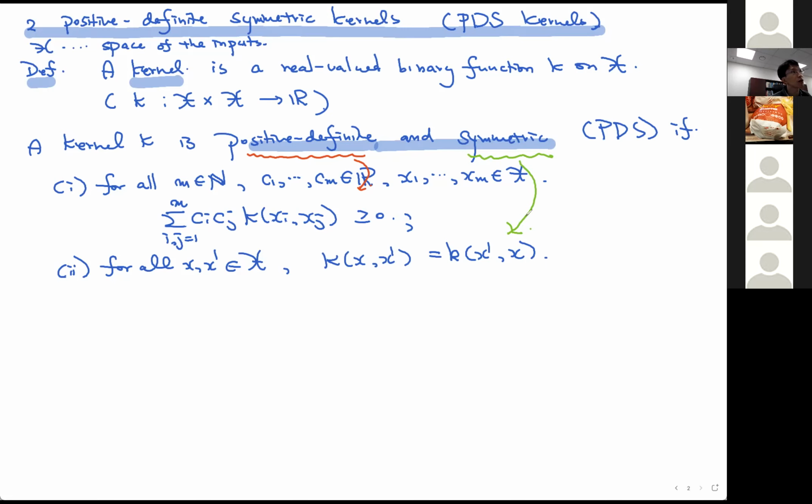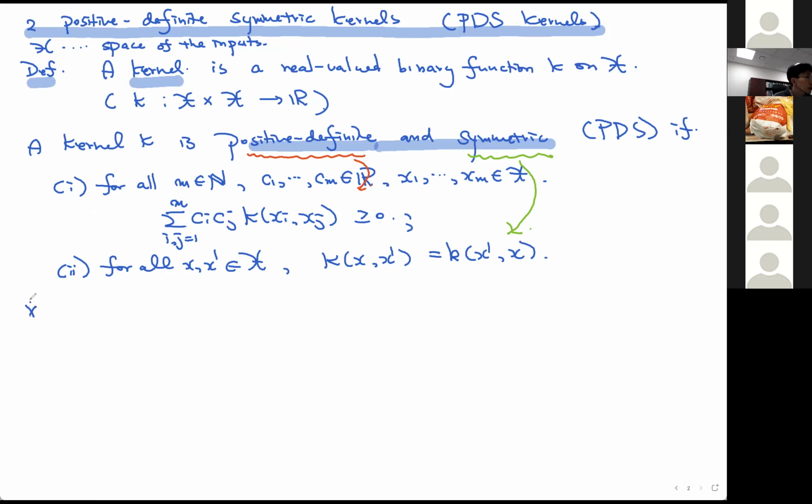We have a feature map that maps each input x to that bigger space, which allows us to compute the inner product. If K satisfies these two properties, we can always understand K as first embedding into some potentially larger space, and then computing the inner product.